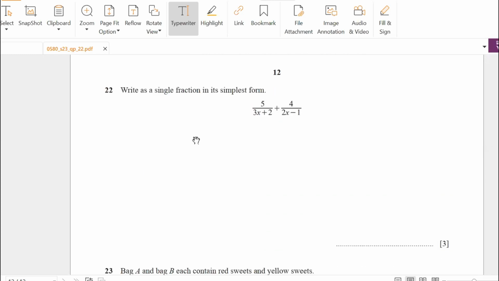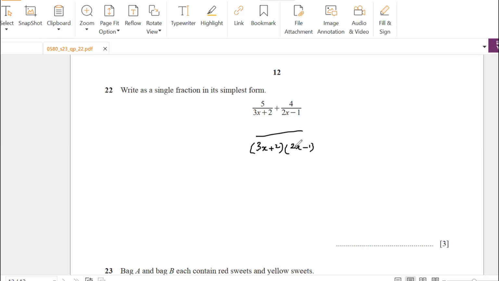Next, write as a single fraction in its simplest form. We can check through algebraic concepts, and here we can go straight to cross multiplication, where our LCM is 3x plus 2 and 2x minus 1, and at the end we have to write a single fraction.